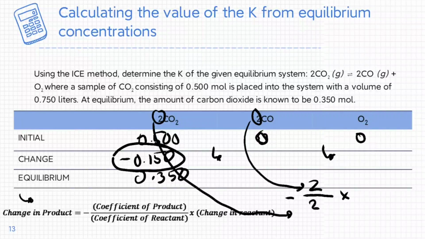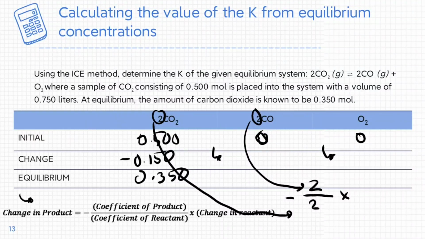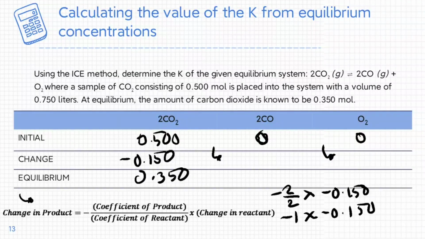So, this is the one, negative 0.150. So, basically, you have negative 1 multiplied by negative 0.150 for the carbon monoxide. So, if you compute that, ano makukuha mo? So, again, negative 2 over 2 times negative 0.150, negative 1 times negative 0.150, you will get a positive 0.150.